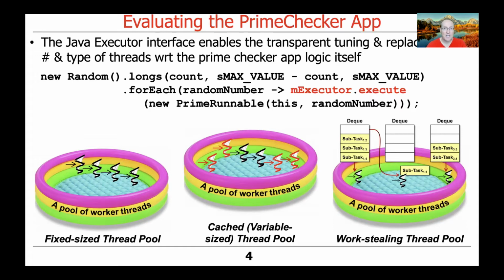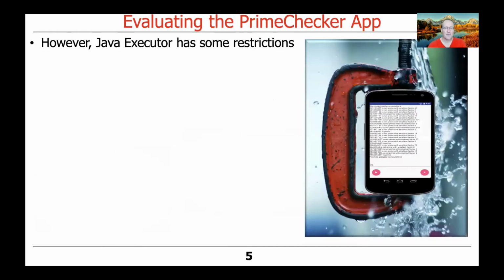We could use the fixed size thread pool as we did here in the application example. We could use a cached or variable size thread pool, which we will do later. We could use a work stealing thread pool, which we'll also do later. And the rest of the app, other than the factory method that made this particular choice, doesn't know, doesn't care. So that's a nice way of decoupling things.